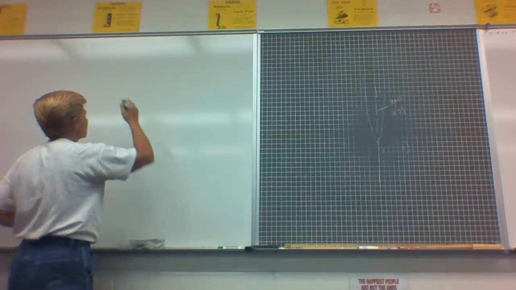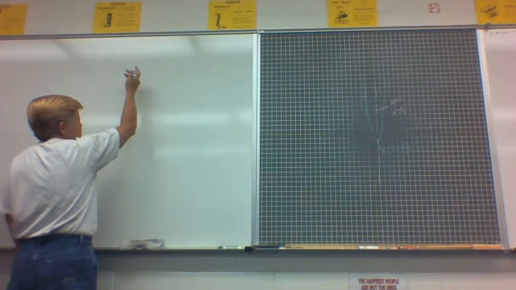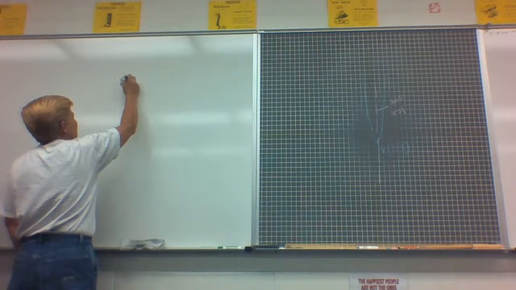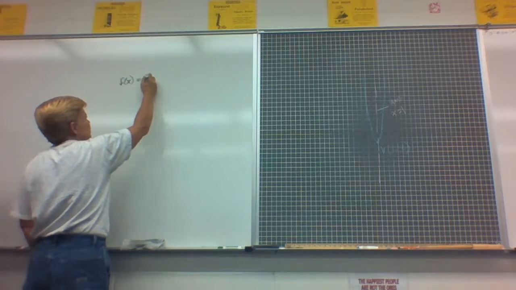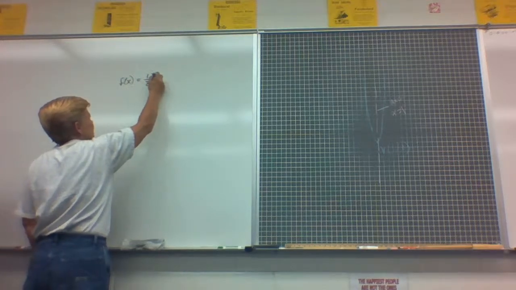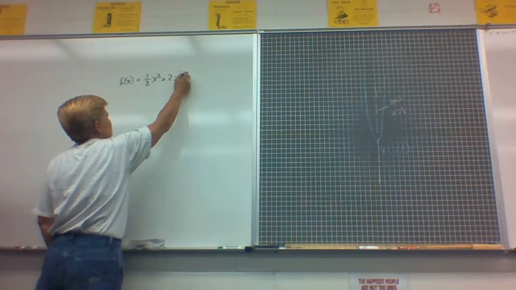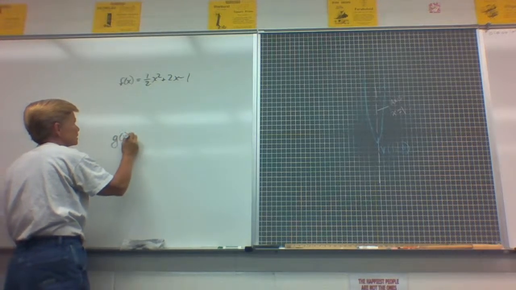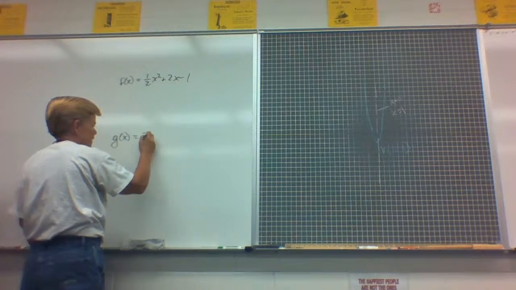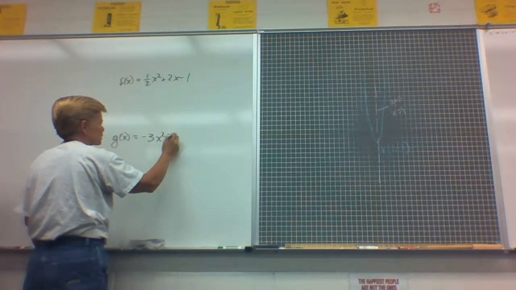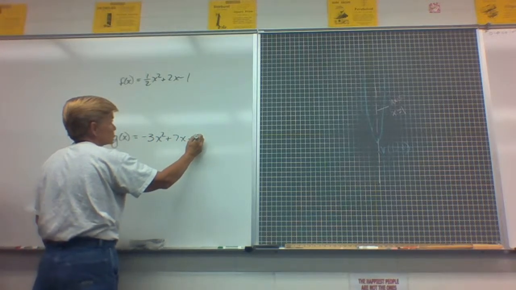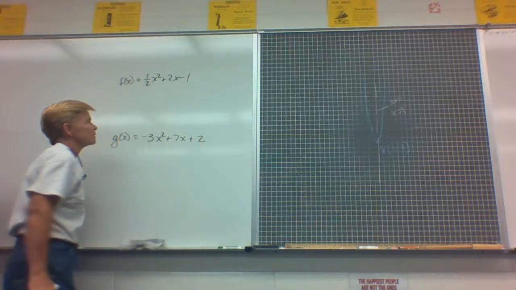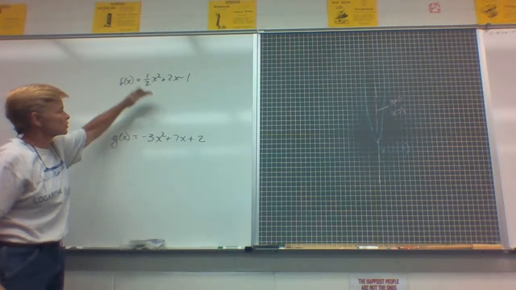If you have an equation that starts out like this, just as an example, f of x equals, let's say, 1/2 x squared plus 2x minus 1. And let's say another one that is g of x, and it is negative 3 x squared plus 7x plus 2. These are both in standard form that we just discussed.